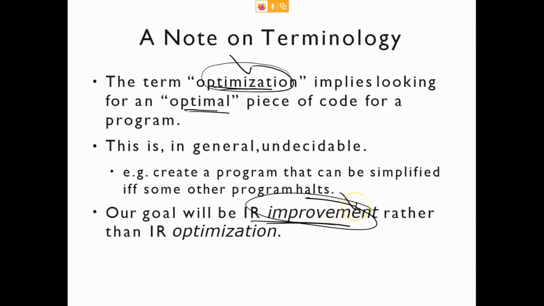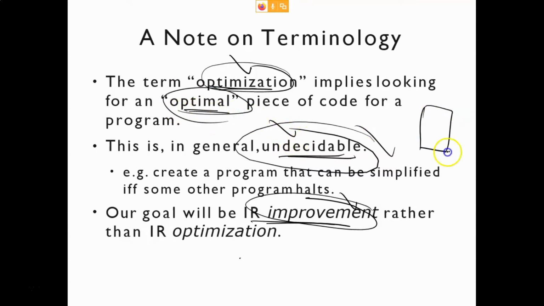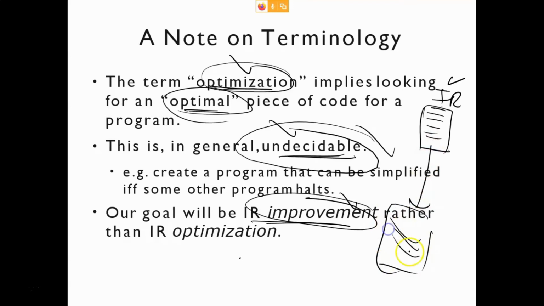We are just improving our code. This general problem is undecidable. If someone asks you, if I give you some IR representation, can you find the best optimal code from it, then this problem is undecidable.